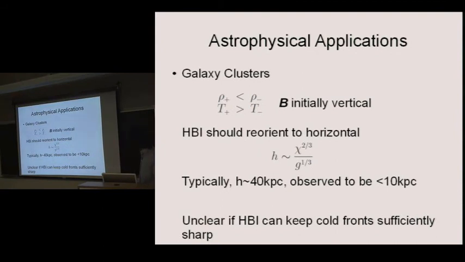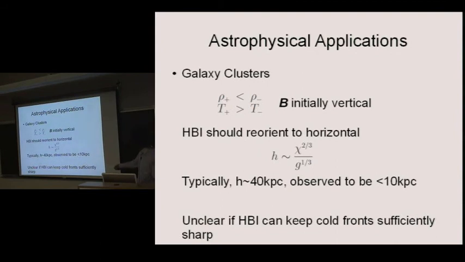For typical parameters, you would guess that you would end up with a width or a height of about 40 kiloparsecs, give or take a bit. If anything, it should be larger than this. So the factors of order unity that I've ignored will probably make this larger.